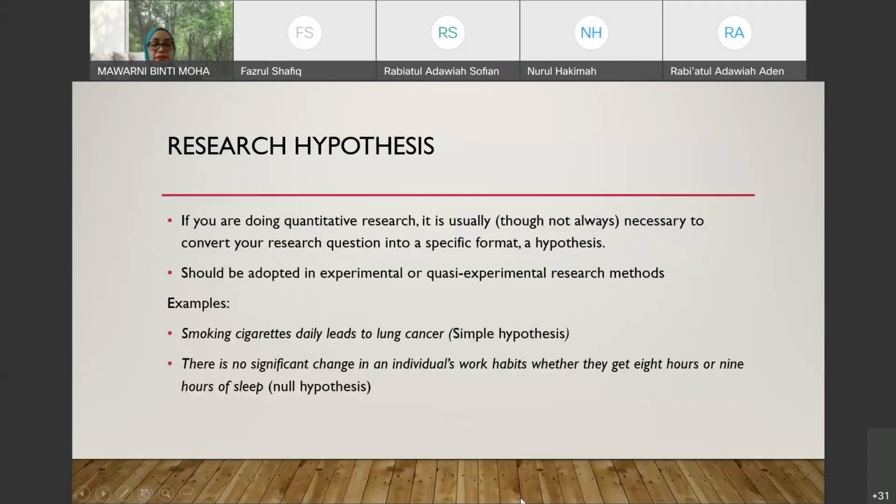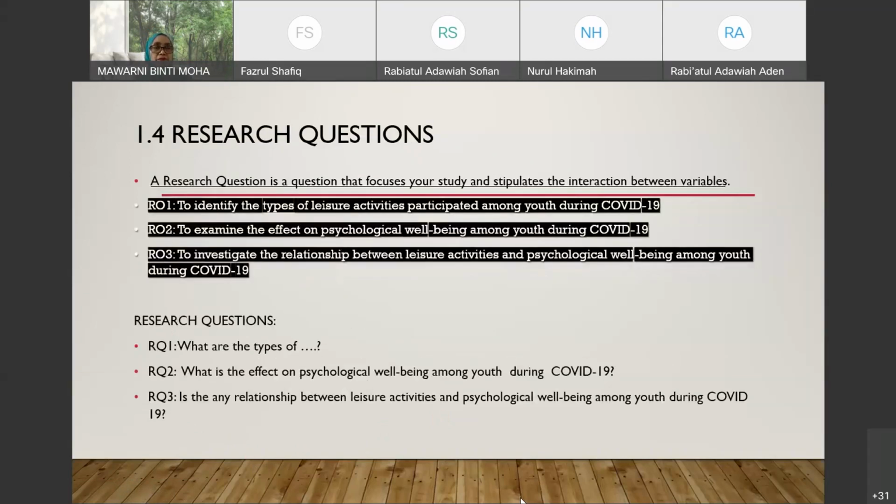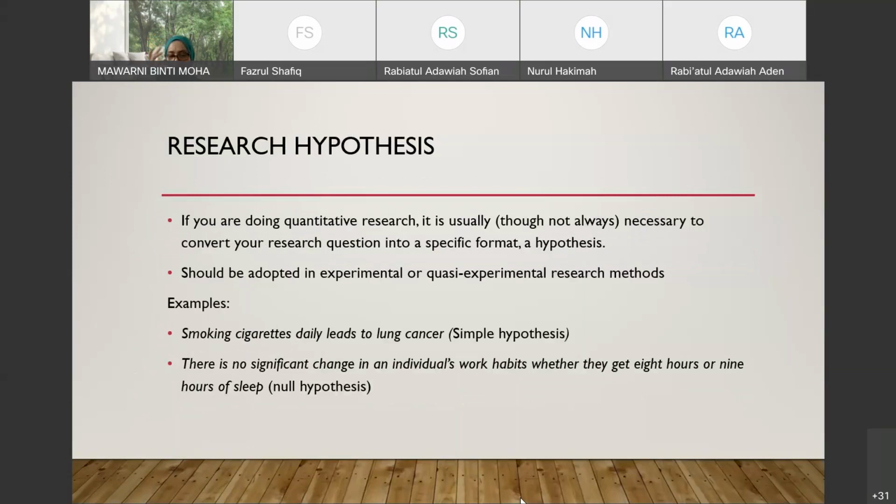So I believe that for both variables you could use a similar Likert scale, so that you can analyze them to see the relation. Otherwise, it's difficult for you to match.